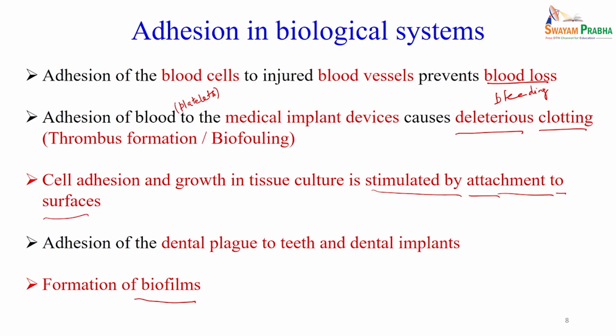Also, the cell adhesion and growth in the tissue culture is stimulated by attachment to the surface, or you can say they require some sort of anchorage and adhesion of cells on the biomedical implants like teeth, dental and bone implants, and of course, the formation of biofilms on any surface. So, these are the few examples where you see the adhesion of the biological components taking place on different surfaces.